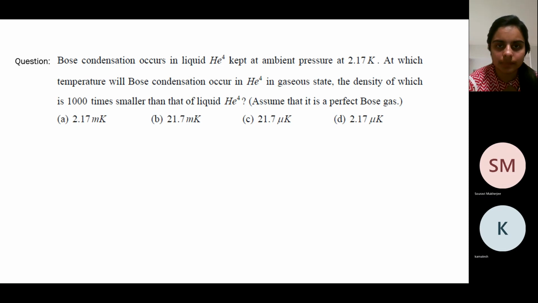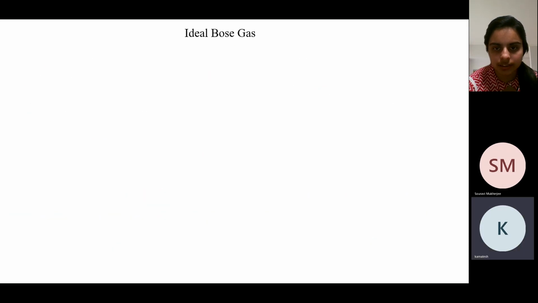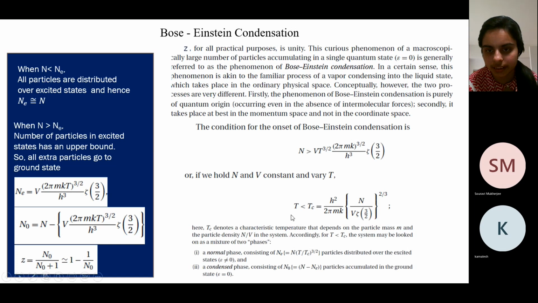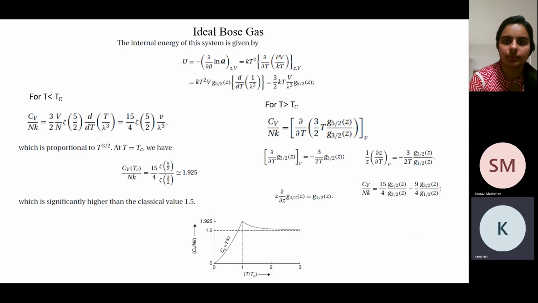Right. So see, this is what we had derived in the last few slides. This is the expression for the critical temperature, which comes from this expression here. As you can see, T goes as (N/V) to the power 2/3, right? N/V is the density. So that means T goes as density to the power 2/3. If you use this relation, can you tell me what the answer would be?